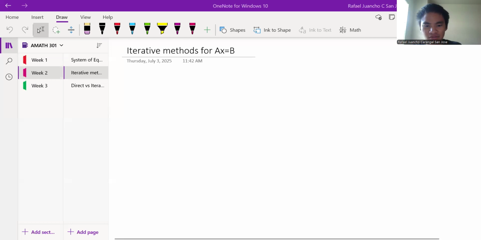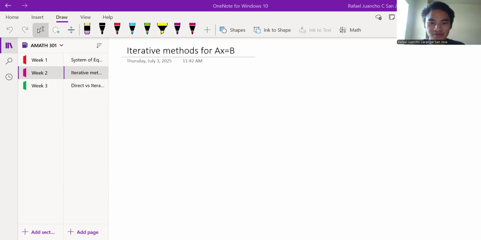Okay, so iterative methods. In addition to standard techniques of Gaussian elimination or LU decomposition for solving AX equals B, a wide range of iterative techniques is available. And these iterative techniques often go under the name of Krylov space methods.